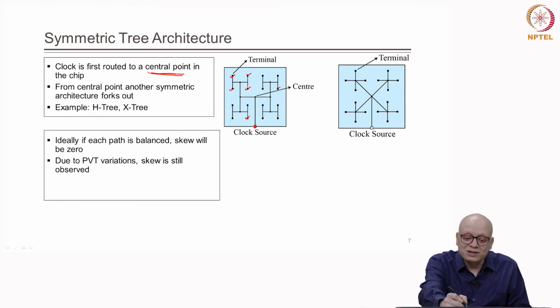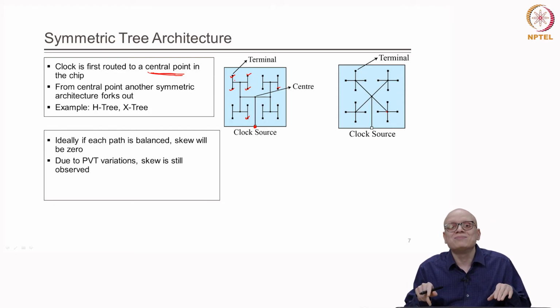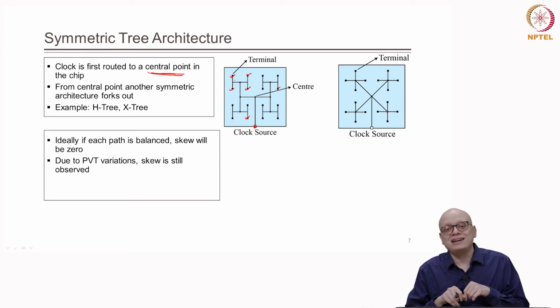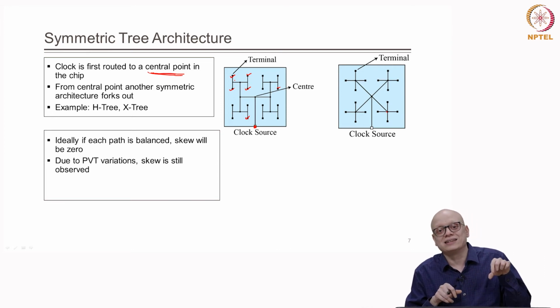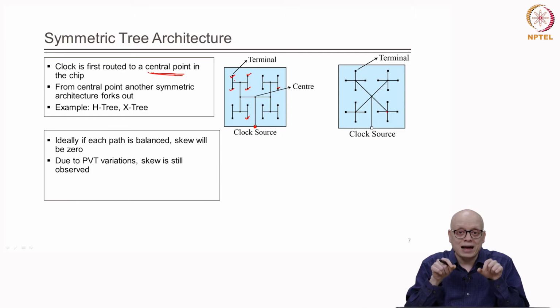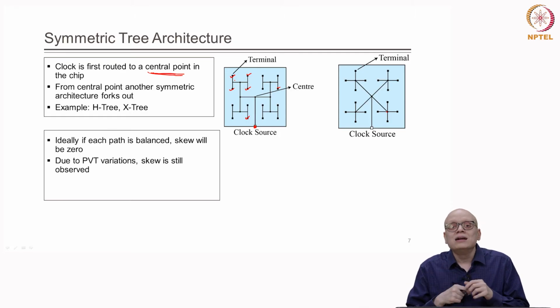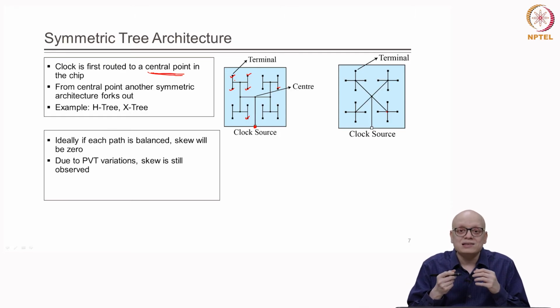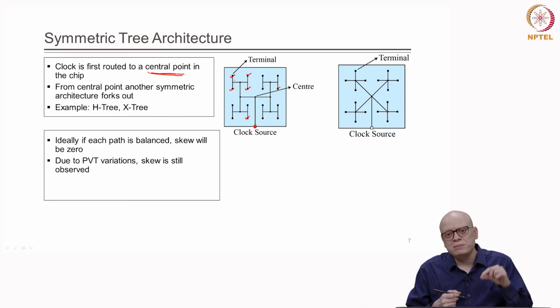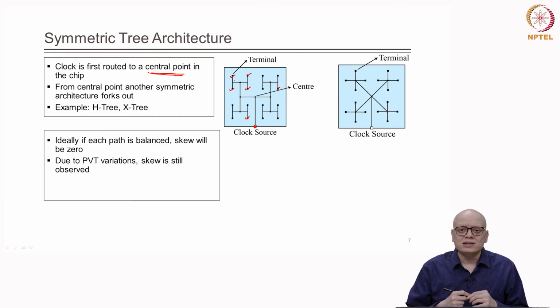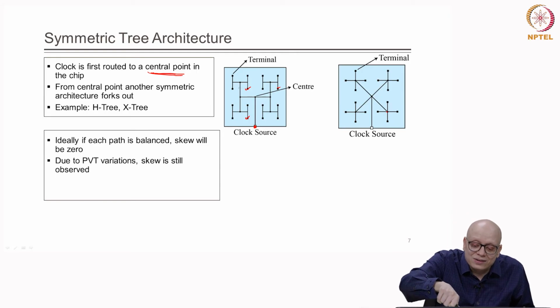So, even though we have designed the length to be exactly the same, the capacitances can vary for different sections of the interconnects, and even if we have matched buffers, some buffers can have more delay, some can have less delay and so on, maybe because of the variation in the gate oxide thickness. As a result, the delay at different endpoints may be slightly varying.